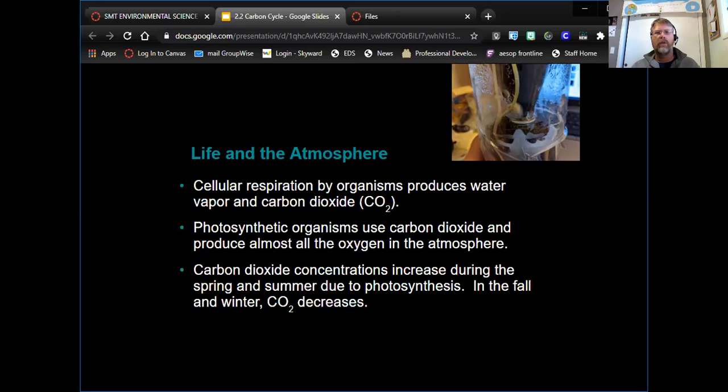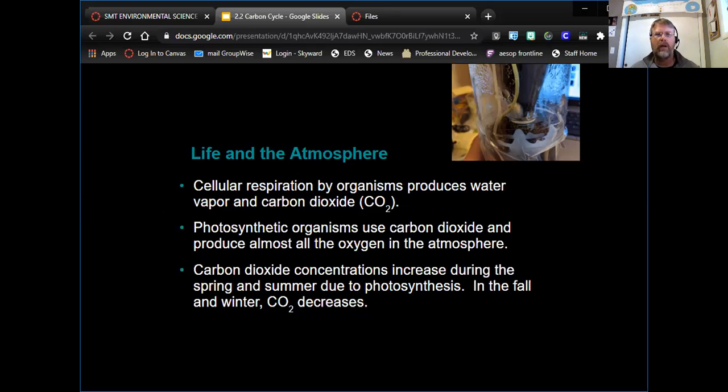So you as an animal produce water vapor and carbon dioxide. That's what comes out of your lungs. Plants take in that carbon dioxide and produce almost all of the oxygen in the atmosphere. If we go back billions of years, we can trace almost all of the oxygen in the atmosphere from carbon dioxide that the plants took in and then released as O2.